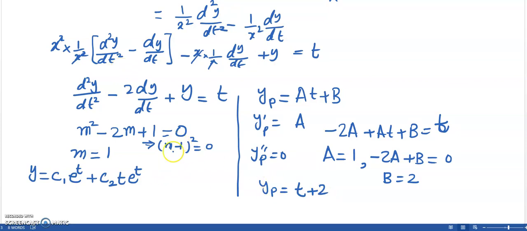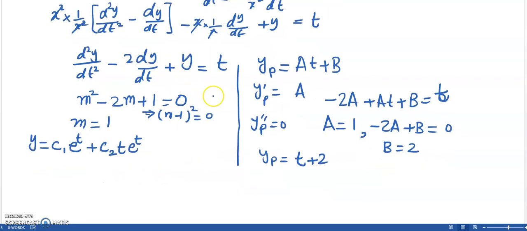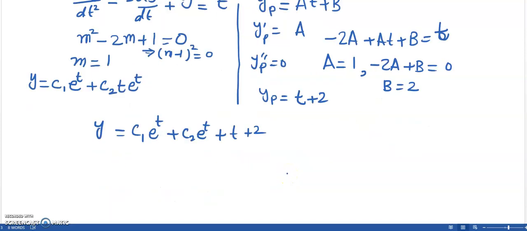So the total general solution will be y is equal to c1 e power t plus c2 t e power t plus t plus 2. Now we can replace t with log x.